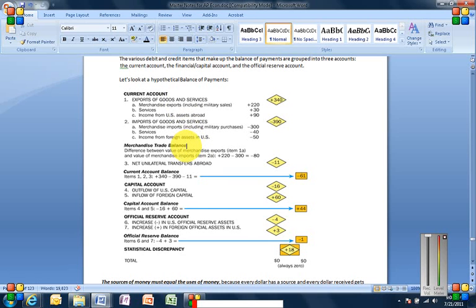In this hypothetical example, it's the difference between item 1A, right here, a positive 220, in terms of money that we would get in this hypothetical example for selling, exporting merchandise to people in other countries, minus 300, that is the debit as a result of importing. In the case of the United States, you probably know that we import a heck of a lot more than we export.